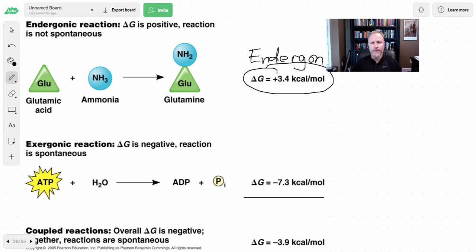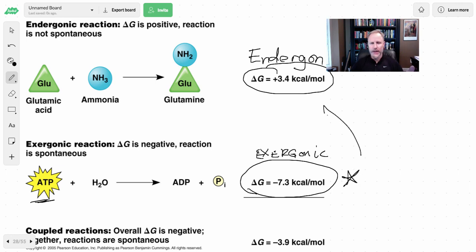Okay, and so we know that for the hydrolysis of ATP here, delta G is negative, so this is an exergonic reaction. So we're going to use this exergonic reaction to power this endergonic reaction. Okay, so we have a lot more energy here than is needed here, so we can actually do this 2 times.